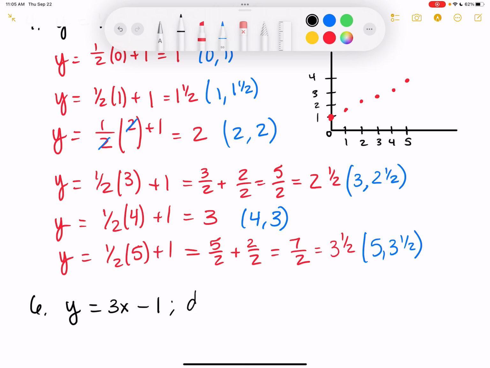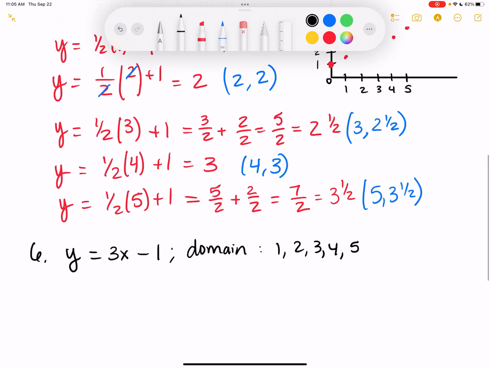And the domain is, our x values that we're plugging in are going to be 1, 2, 3, 4, and 5. So this one's nicer. It doesn't give us fractions. So I'm going to start with 1, and I'm going to work all the problems down, and then we'll graph it again like we just did on that last one.